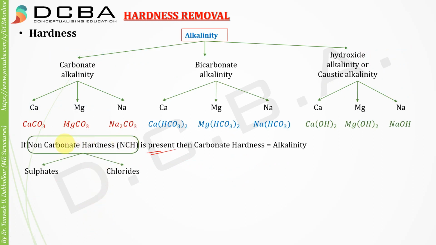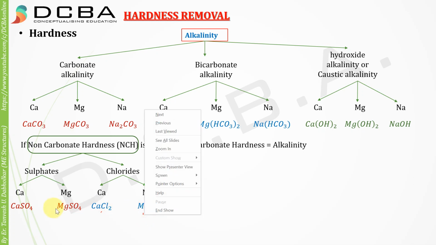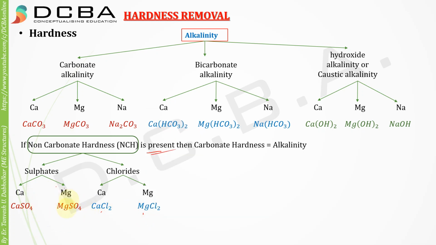What is non-carbonate hardness? Non-carbonate hardness generally exists as sulfates and chlorides. If you remember in the previous lime soda treatment, we saw what non-carbonate hardness was. It was present as CaSO4, MgSO4, CaCl2, MgCl2, right? And then these reacted with the soda and formed the precipitate.